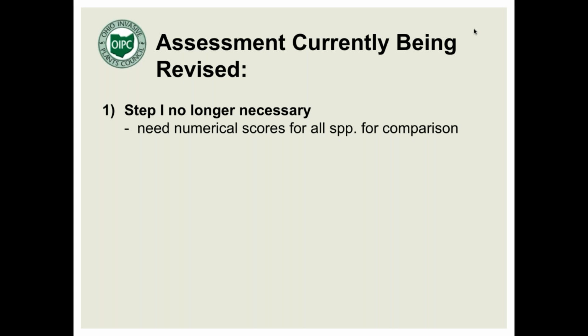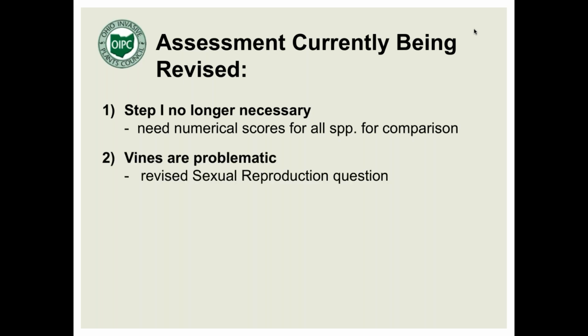For example, purple loosestrife, Lythrum salicaria, is on the noxious weed list, so we instantly put it on our invasive list. But then later on, someone would come back and say, hey, wait a minute, we really want to know why Lythrum salicaria has this score, and how does that compare to Lythrum virgatum or some other species. And so we ended up having to run all the species through step 2 anyways. So we just decided, as you'll see in a moment, that we're going to have to combine them all.